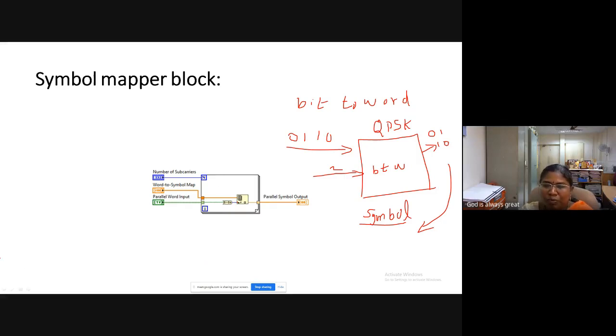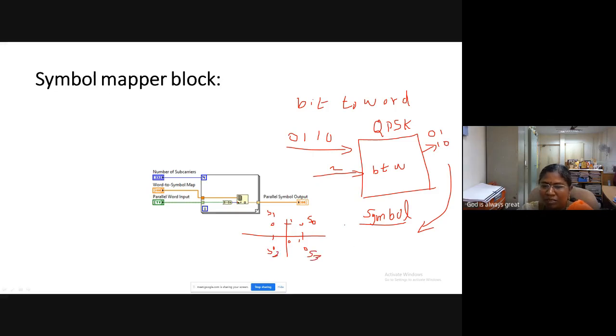For example, if it is QPSK, these are the allowed constellation points, and you can see this is 0 and this value is 1. I can name the symbols S0, this as S1, this as S2, this as S3, etc.